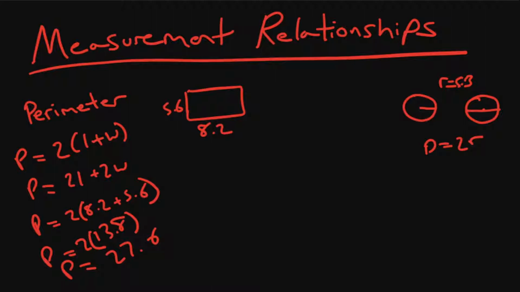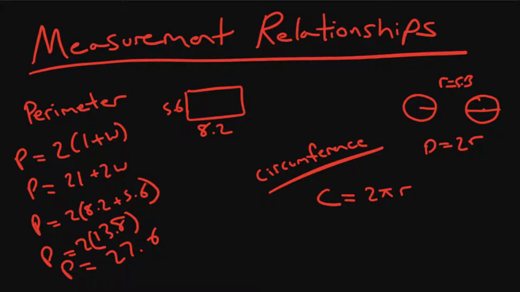So let's look at the perimeter of a circle, which is called circumference. I had to check the spelling for a second. So circumference, we know, is 2 pi times r, the radius.